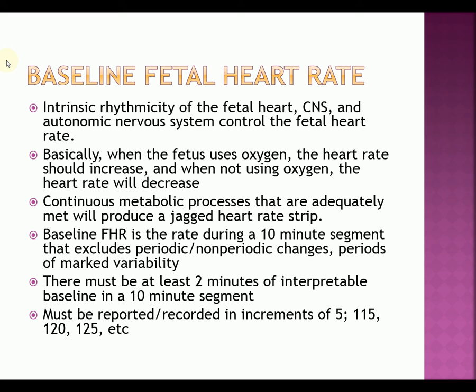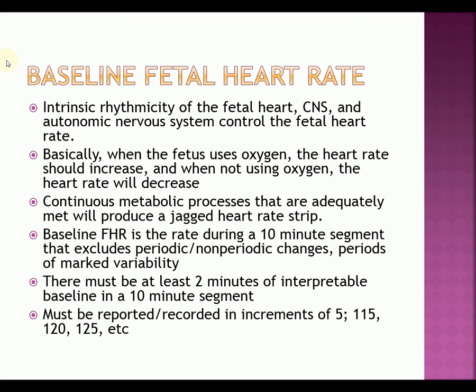We still determine some of this by how many beats per minute moderate variability is, and we'll talk about those in a little bit because I'm going to confuse you. You're going to be worrying yourself, what's that? What's she talking about? So let's just talk about what we want to know.